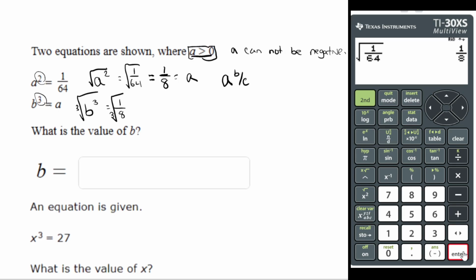Remember, if you're using anything other than the square root, you have to put the little number in your radical symbol. So the cube root will cancel out the exponent of 3, leaving you with b. Then you just have to find the cube root of 1 over 8, which is 1/2. So that leaves you with b equals 1/2, which you just put in your answer box.